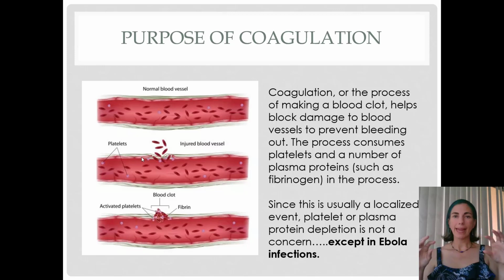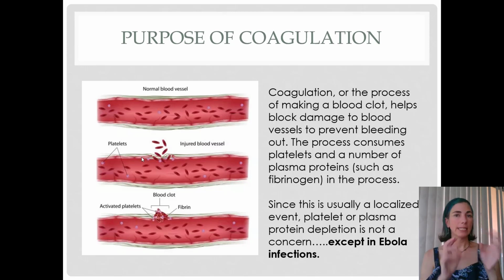You start by laying down platelets that form what's called a platelet plug, and then you convert a plasma protein that is made by the liver. That plasma protein is fibrinogen, and you convert it into fibrin, and then fibrin, this fibrous protein, is going to reinforce that clot. So this happens all over your body frequently. Anytime you get a little tear in a blood vessel, you're going to induce this. Remember that the liver makes fibrinogen.